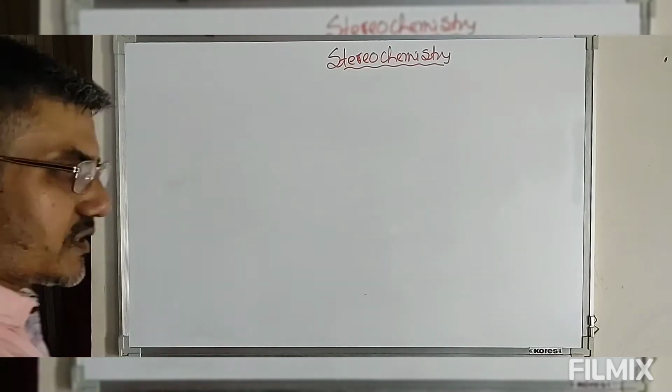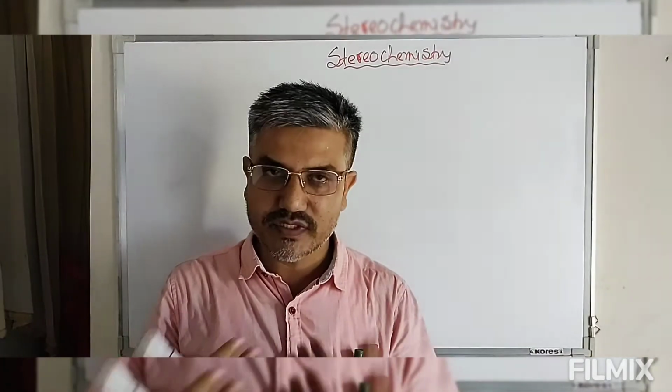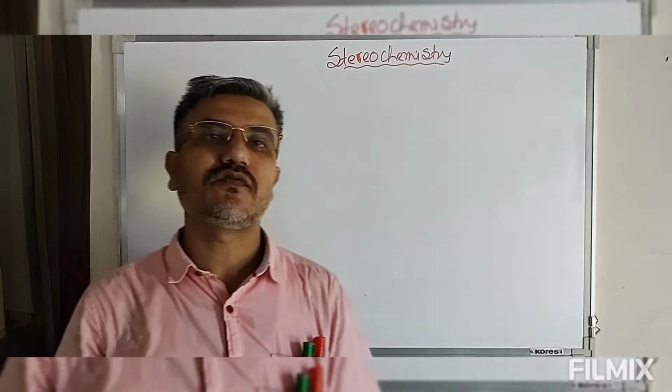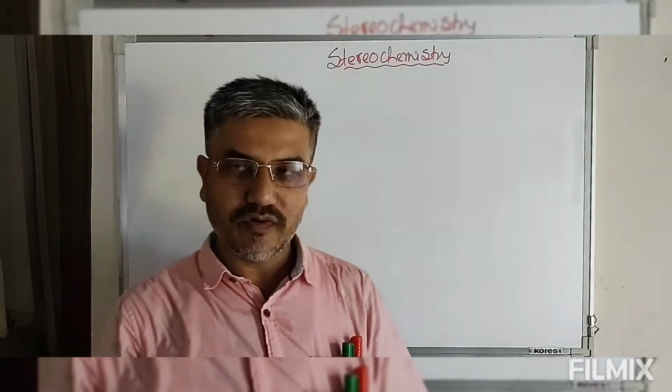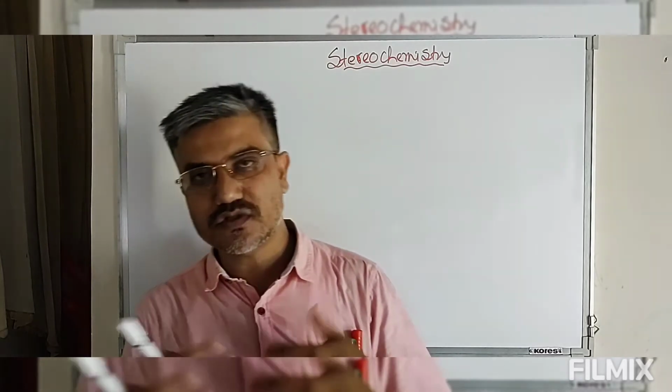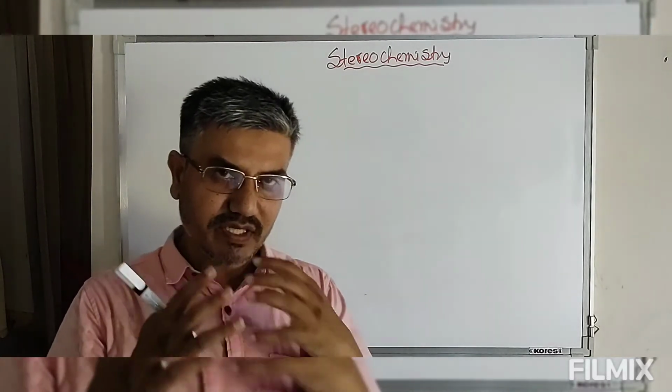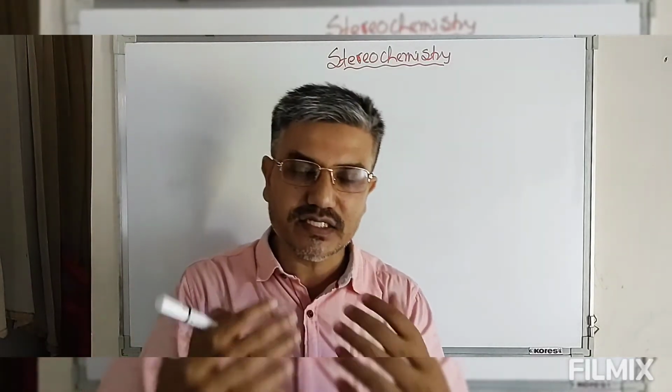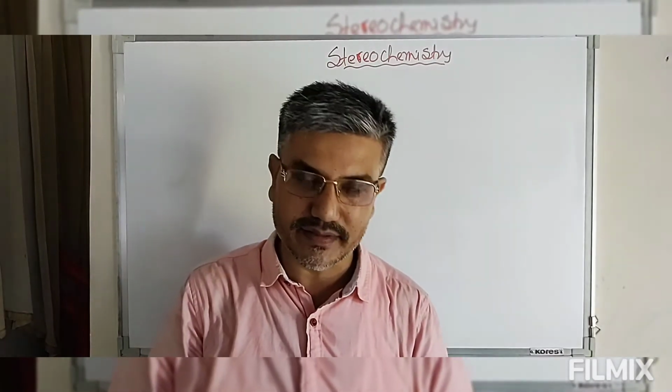Now next, after this classification of carbohydrates, we come to the stereochemistry of the carbohydrates. Whether we have triose, tetrose, pentose, or hexose, we have to specify the stereochemistry of these carbohydrates.